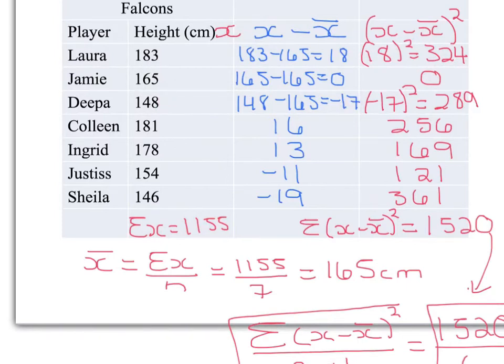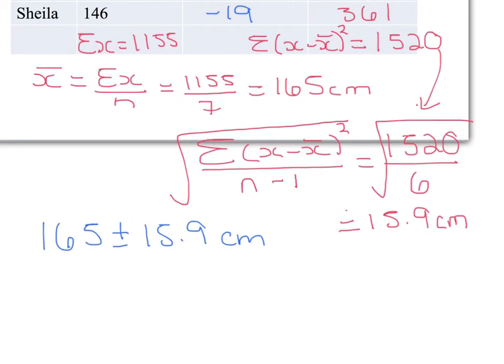And to get an average of the deviations, we need to square them so that all the values are positive. We add them together, and to work out an average, we actually divide by 1 less than the sample size, as you can see. And the reason for taking the square root is because we've squared, so we're trying to undo the impact of the squaring.